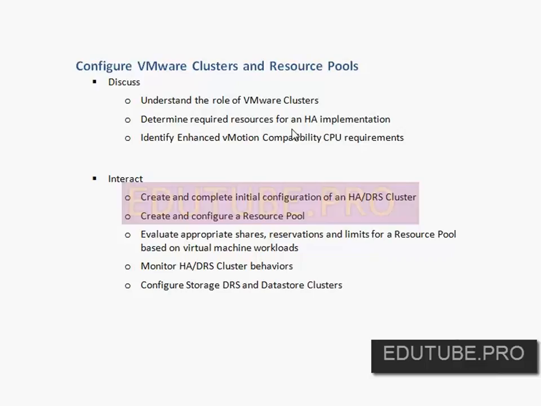You will leave this nugget having an understanding of the role of VMware clusters and also the resources that are required for HA. I'm going to tell you what the implementation tasks are, but I want you also to understand some of the more design, more strategic tasks as well, because I see it happen all the time where people turn on HA and they don't do it smartly, and consequently they end up creating problems for themselves.